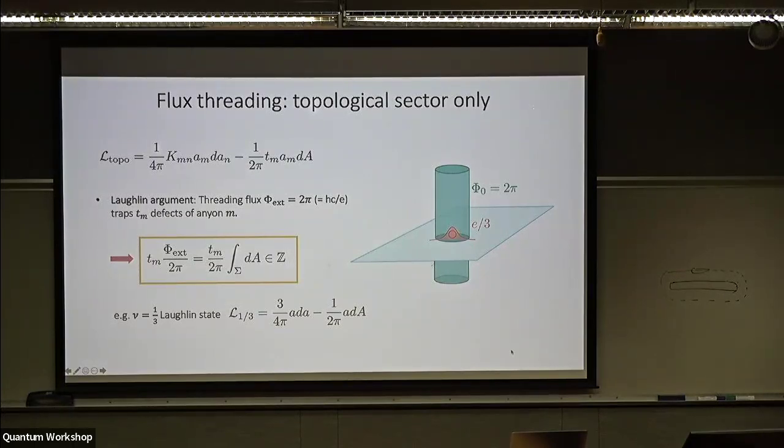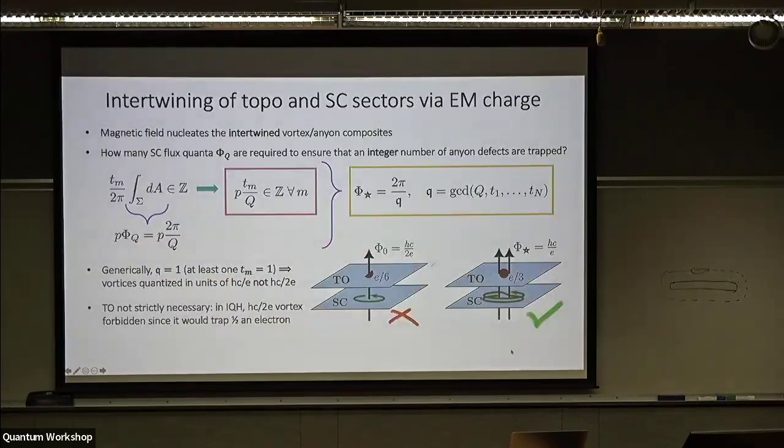So what that's telling us is that any flux we thread through the system has to trap an integer number of these anions. So this thing here needs to be an integer.